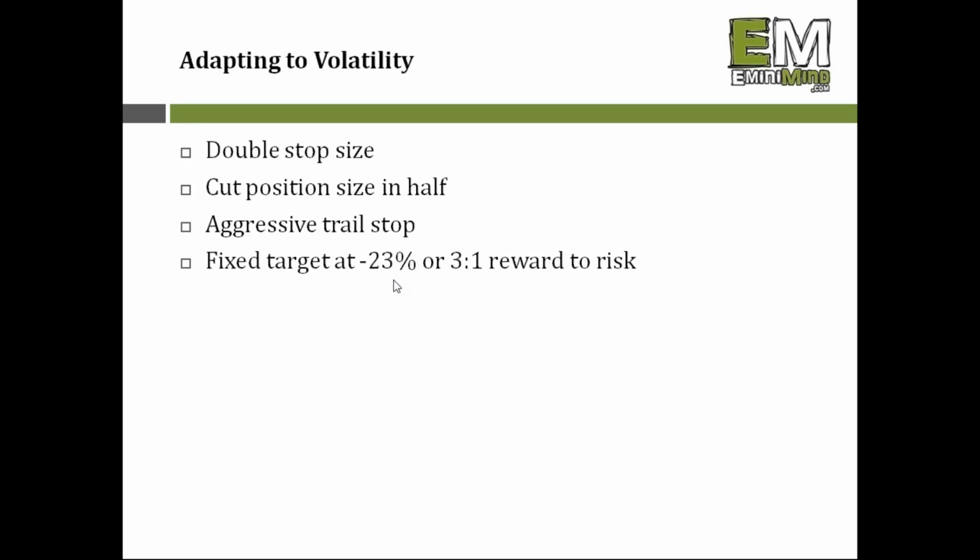So if you're using a 3-point stop on the ES, you could have a fixed target of 9 points and trail your stop at the same time. You have this fixed target above you, and for a trade that's working in your favor, you can tighten it and work your way towards that fixed target.